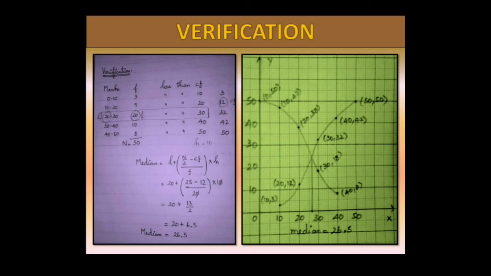Substituting all the values in the formula, you get your median to be 26.5, and that is the value we got in the graph. Now we have verified and found that it is the same value. This is how we find the median of grouped data graphically.